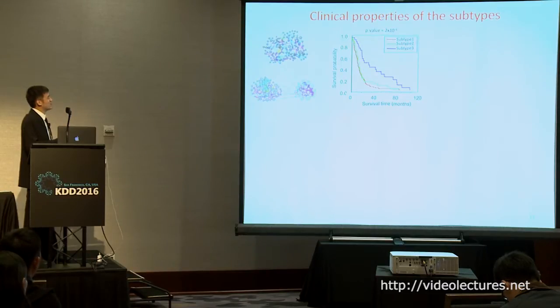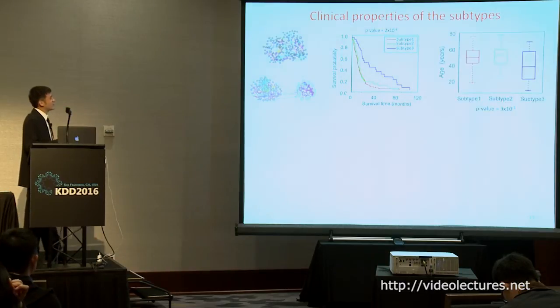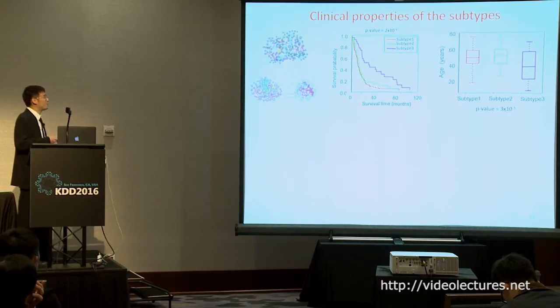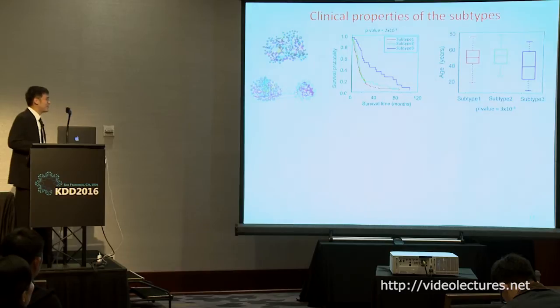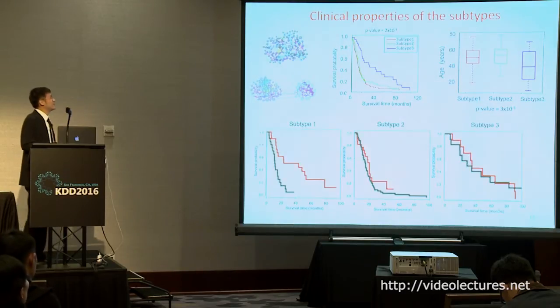The red one is the survival curve of subtype 1, the yellow is subtype 2, and the blue is subtype 3. It's very interesting that for subtype 3, the patients are younger than subtype 1 and subtype 2. This is just the clinical property of the subtypes.